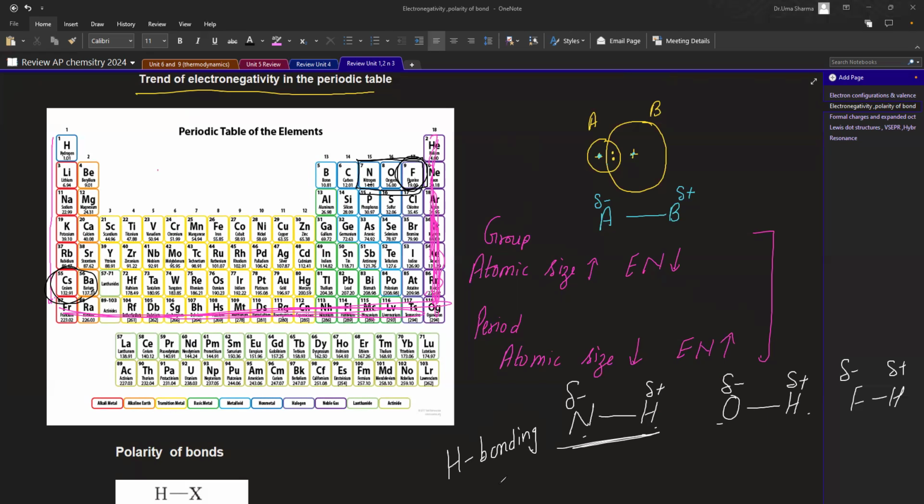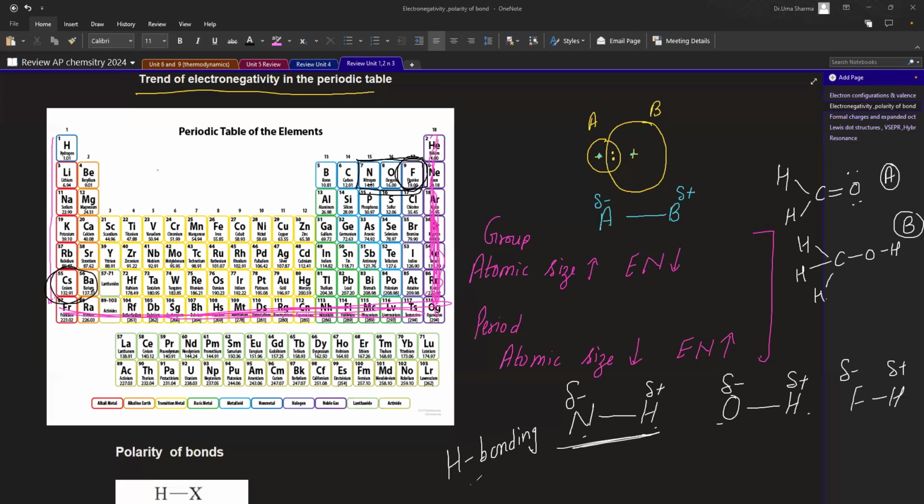Hydrogen bonding. For example, if I give you this structure, and this structure, out of these two molecules, which one has hydrogen bonding? A or B? Which one has hydrogen bonding?